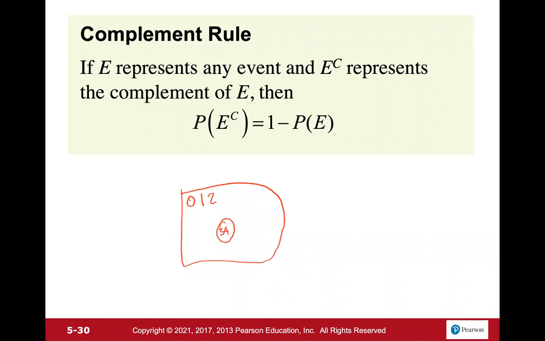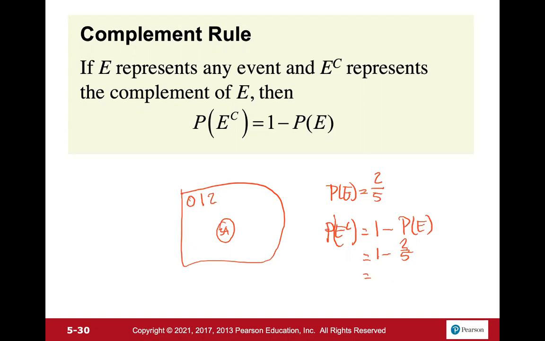So if probability of E is equal to 2 out of the 5, probability of E complement is equal to 1 minus the probability of E, which is equal to 1 minus 2 over 5.